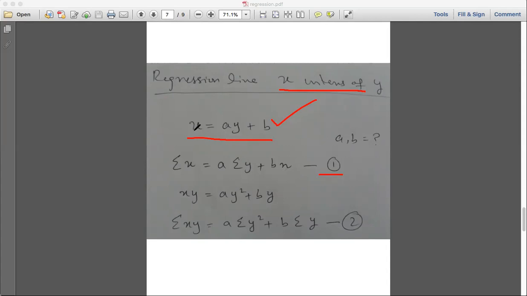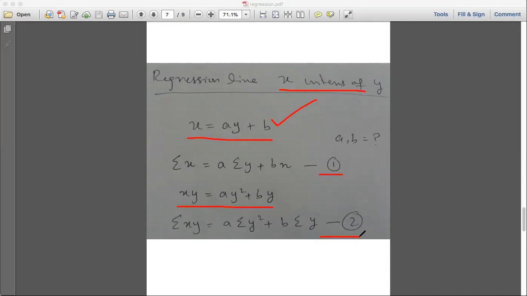Then what do we do? Multiply this equation with y, and this will become this one. And then take the summation on both sides. So it will become equation 2. Clear? Similarly, as we did in regression line y in terms of x, we did the same there.